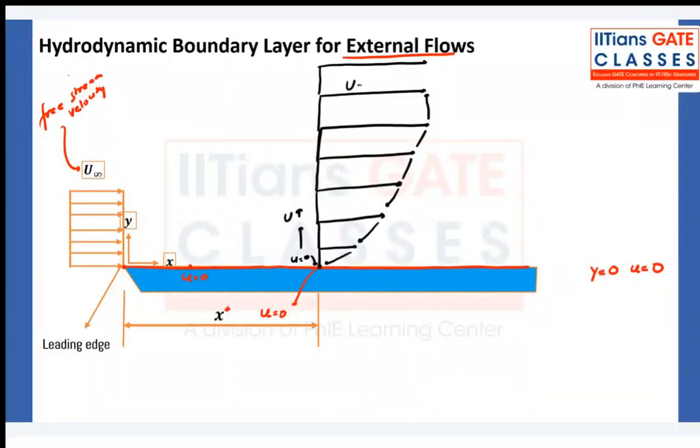Now it has come to u infinity. Here u is much less than u infinity. Here it is less by this much. But here it is almost equal to u infinity, let's say 99% of u infinity.